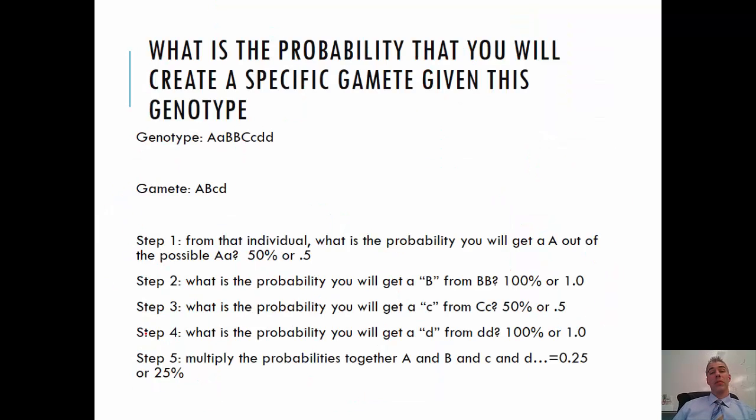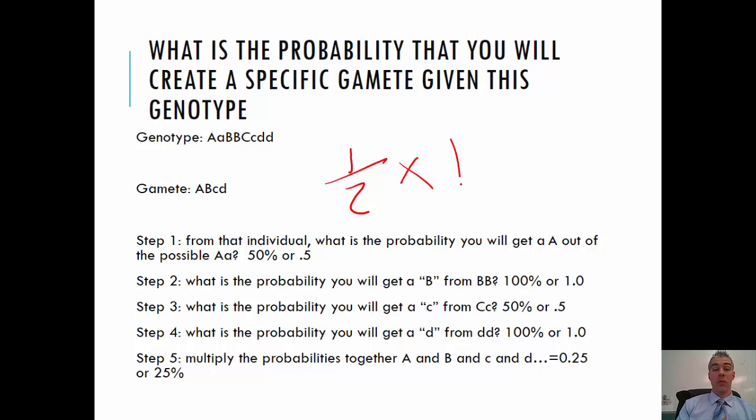Another thing they sometimes ask you about is creating gametes. What's the probability you'll get a gamete given lots of traits? Now notice there's 4 traits in this case, A, B, C, and D. What's the probability we'd get gamete, big A, big B, little c, little d? Well, in this case, all you have to do is take each individual one. What's the probability we'd get a big A if your choice is big A or little a? Well, in that case, it's 1/2. What's the probability you'd get a big B out of a big B and a big B?